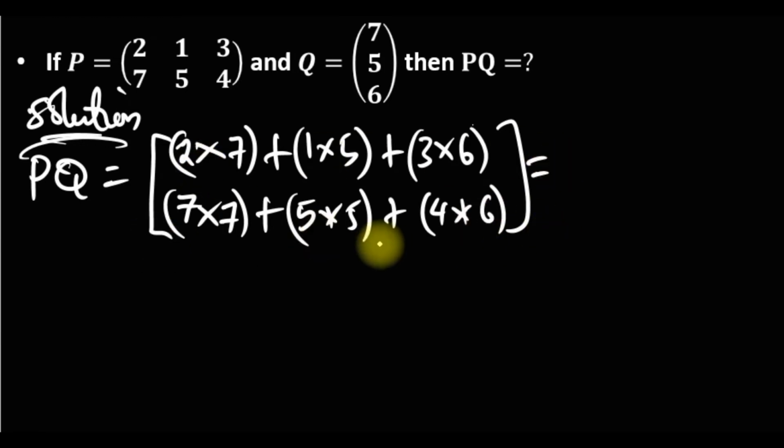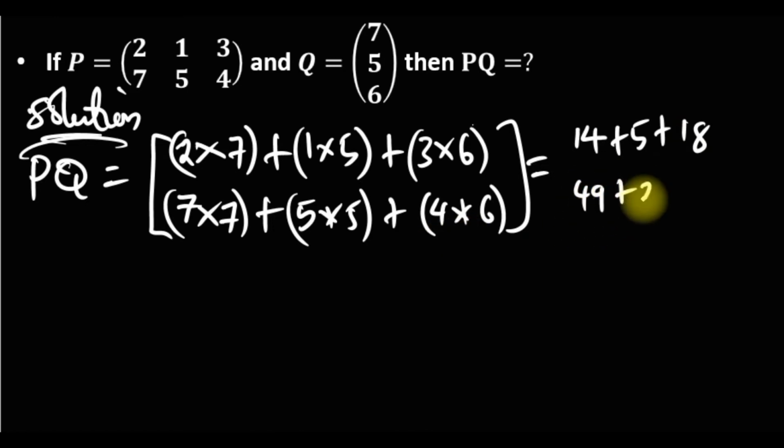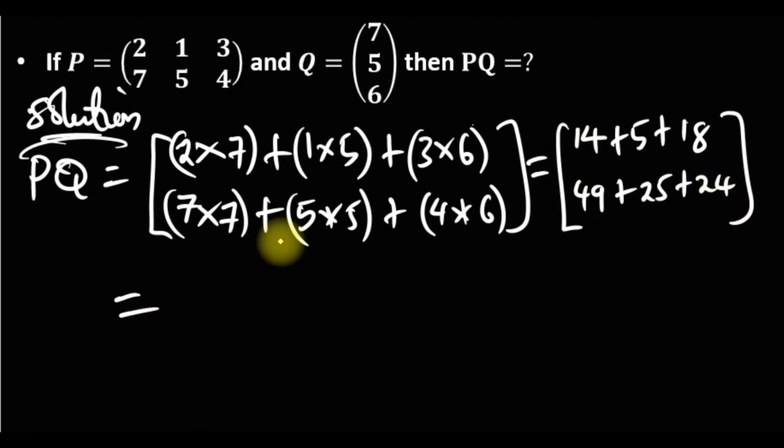Yes, 2 by 1. Because this is 14 plus 5 plus 18. Why this is 49 plus 25 plus 24. So 19 plus 18 is 37.